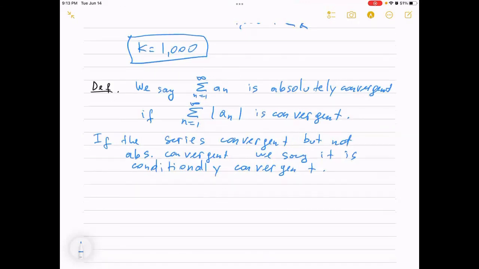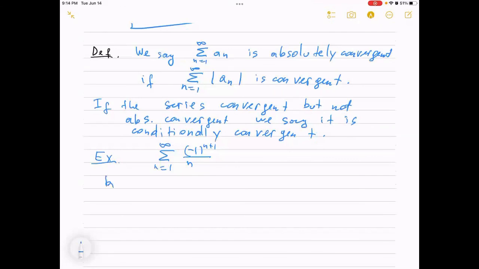A couple of examples. Look at the series (-1)^(n+1) over n, from 1 to infinity. By AST, it is convergent. If we look at the series of its absolute values, we're going to get the harmonic series, and that is going to be divergent.